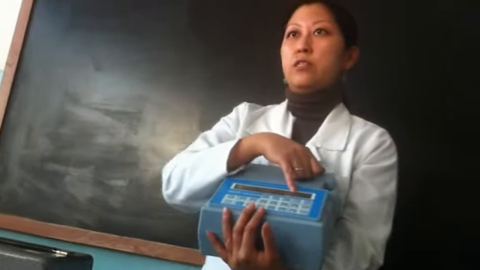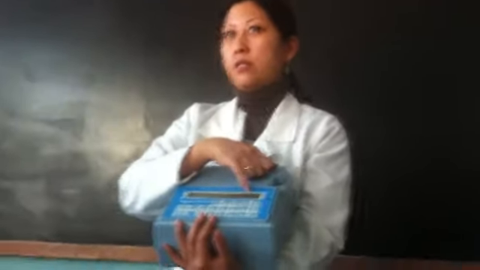So, what is the principle of operation of this instrument? Each chemical substance has its own spectrum for measuring. That's why you can see nanometers as units.